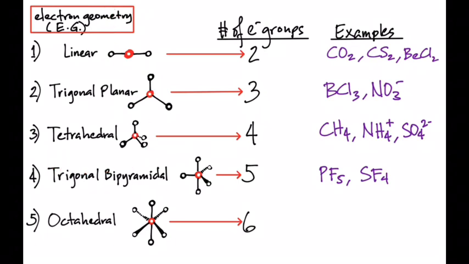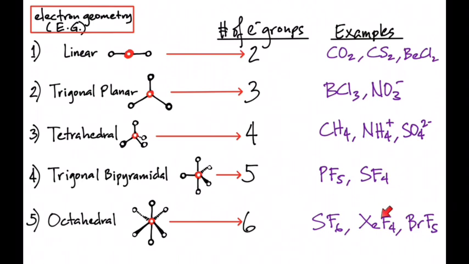And the last one here, we have SF6, sulfur hexafluoride, xenon tetrafluoride, and bromine pentafluoride. So each of these molecules will have 6 electron groups, which means that they will have an octahedral electron geometry. It's easy to see how sulfur hexafluoride would have 6 electron groups because it has 6 fluorine atoms.